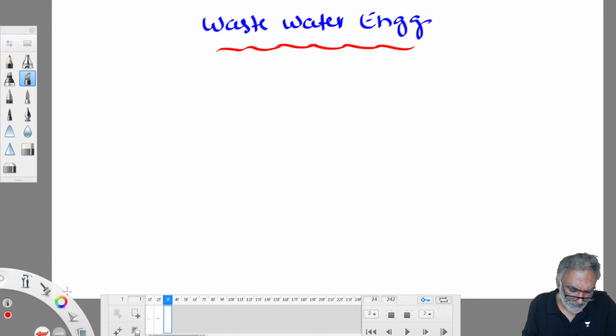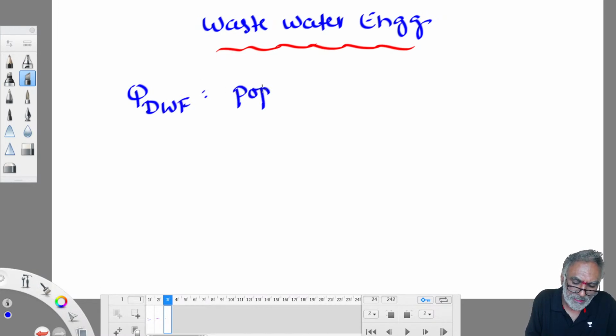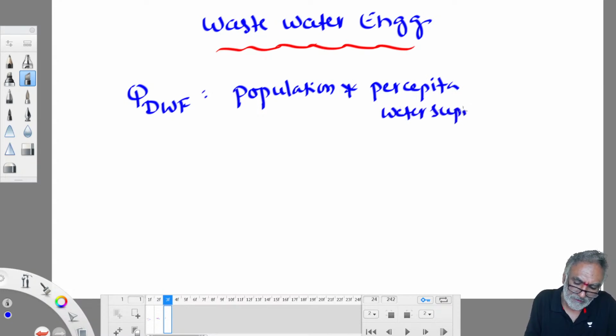The first topic is estimation of dry weather flow and wet weather flow. So dry weather flow is equal to population into per capita water supply into factor. And this factor is normally given to you.